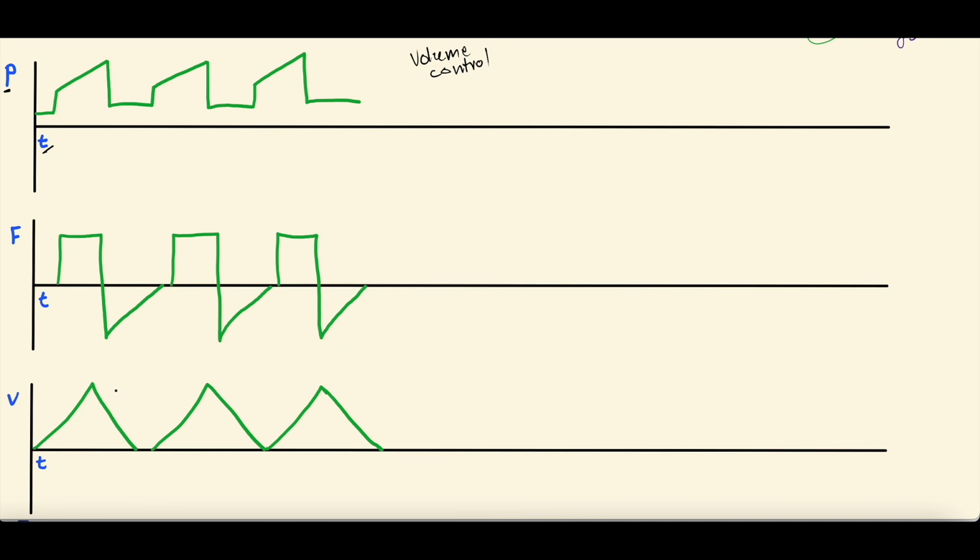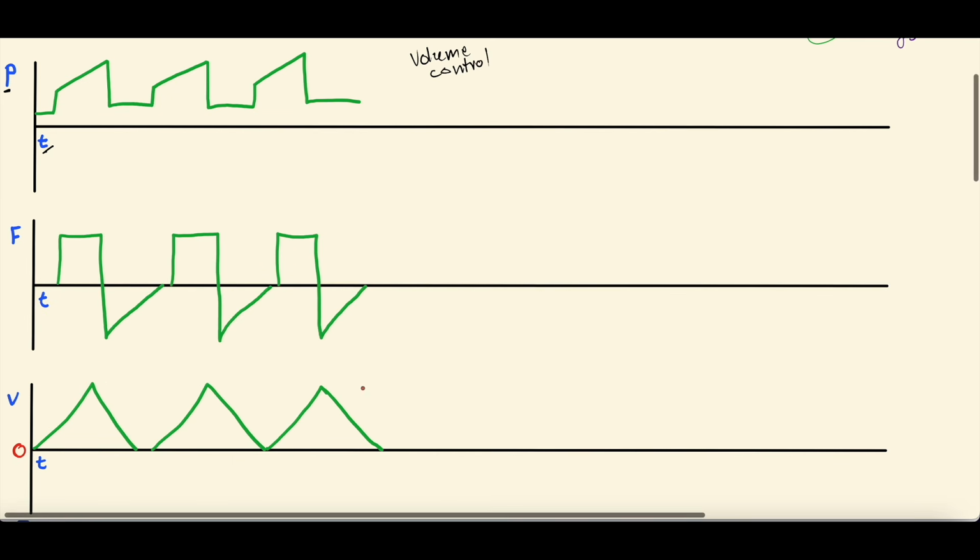So what we see with AutoPEEP, if we can't do an expiratory hold, we can look to our scalars to get a few hints. If we start with the volume curve, this is 0 volume. In a normal breath, the volume goes up as they inspire, goes down as they expire to 0, and then when the next breath comes, it goes up again. Makes sense.